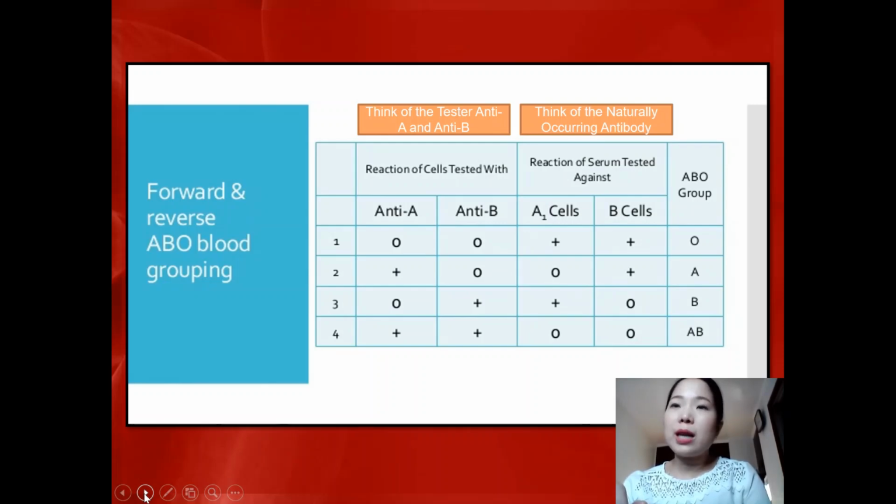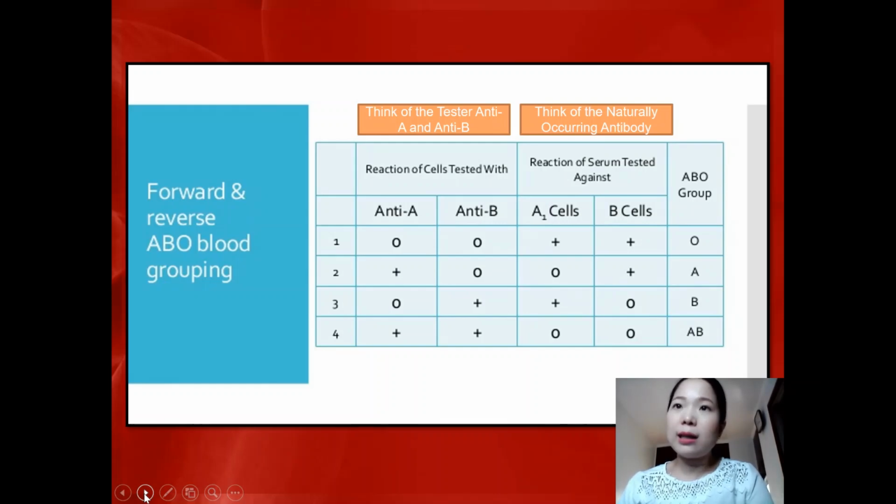For the reverse testing, you have to think of the naturally occurring antibody in the serum of this patient. So all of these are actually the serum of a patient, not the red blood cell. What you have to think now is what is the naturally occurring antibody that we have discussed in the past slides.